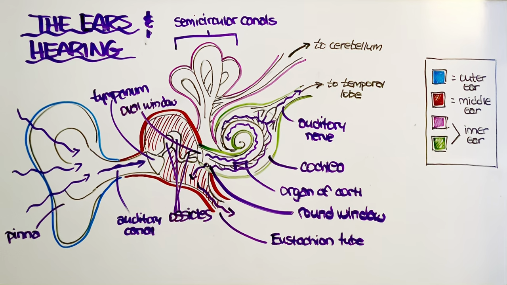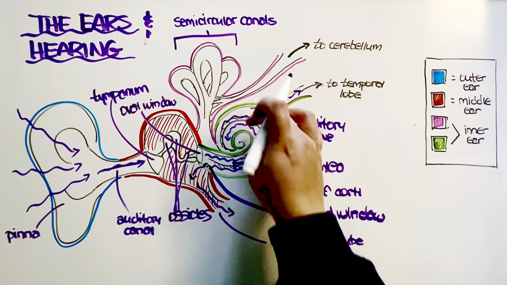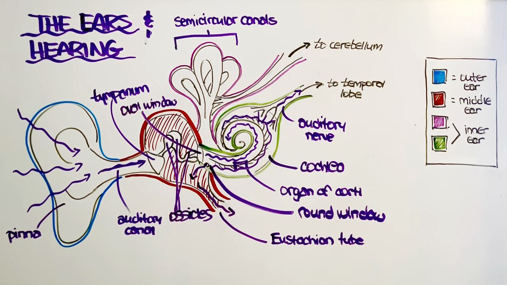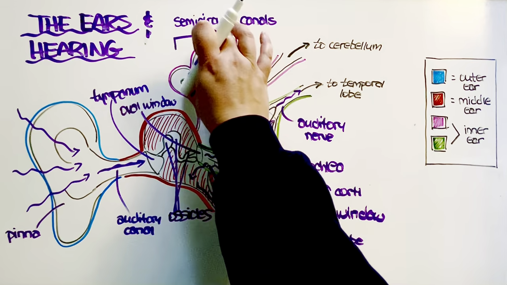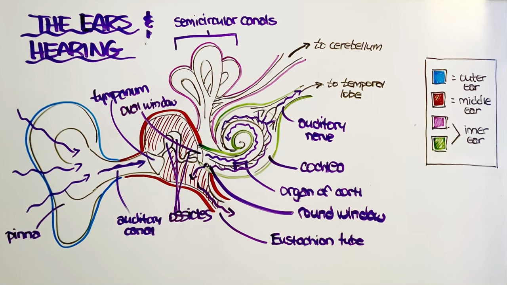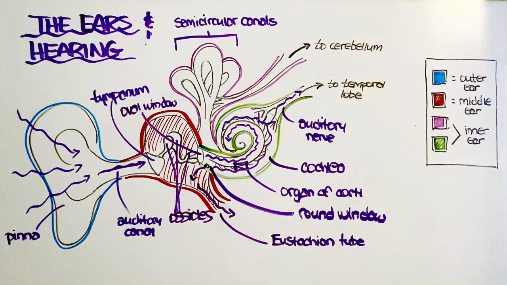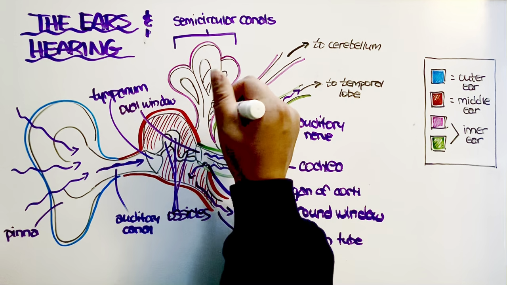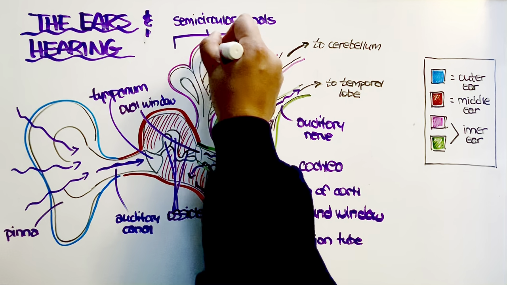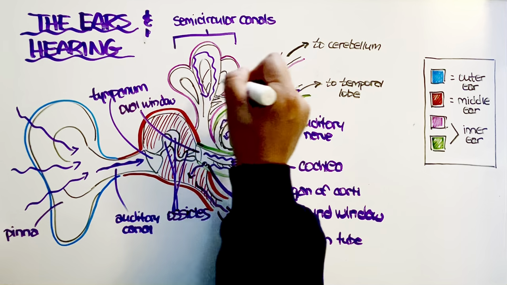And the semicircular canals, like I mentioned, also have teeny tiny hair cells or mechanoreceptors that do respond to changes in pressure. However, the pressure changes that take place inside of these canals have nothing to do with waves of sound.